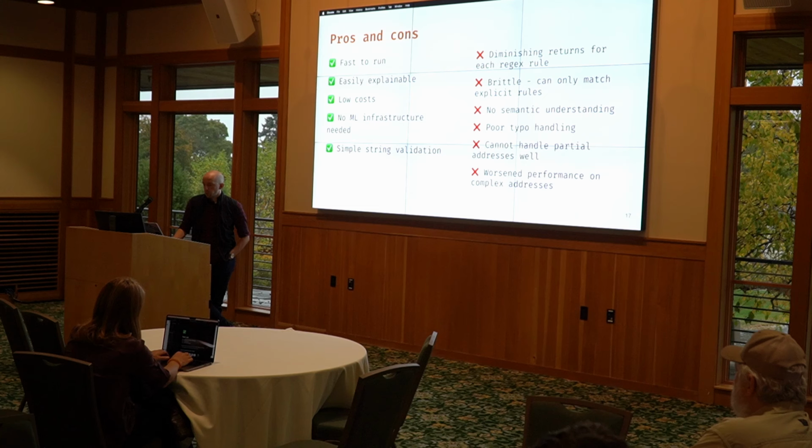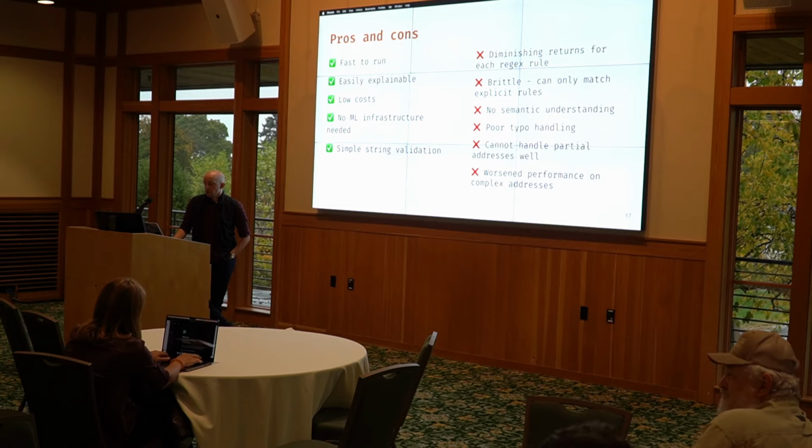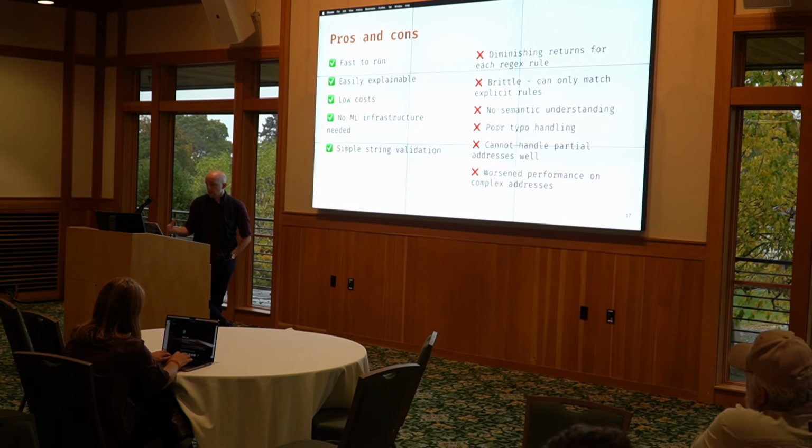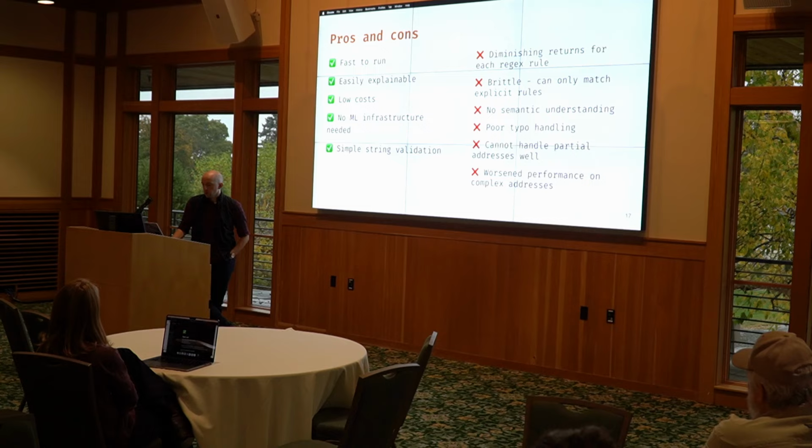It's very easy to explain because you've designed the rules. You can add some logs to this process to understand how an address is being transformed as it moves through the system. It's very low cost because we're using just open source and widely available packages. You still do not need any machine learning infrastructure. And at the end of the day, you're just dealing with simple string validation.